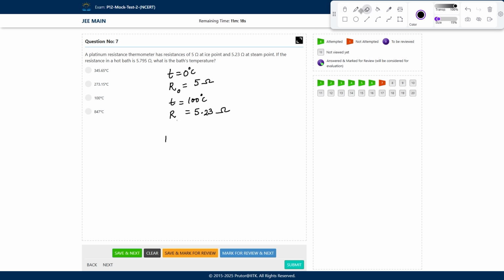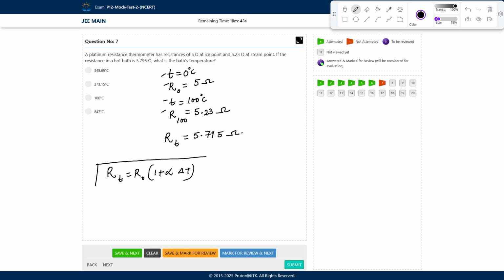It is R100 at 100 degree Celsius. Now at any temperature T, RT is given as 5.795 ohm. You have to determine the bath's temperature, and alpha is not given. Temperature coefficient of resistance is not given. We can find the temperature coefficient of resistance from these values. How? We know that RT is given by R0 (1 plus alpha delta T).